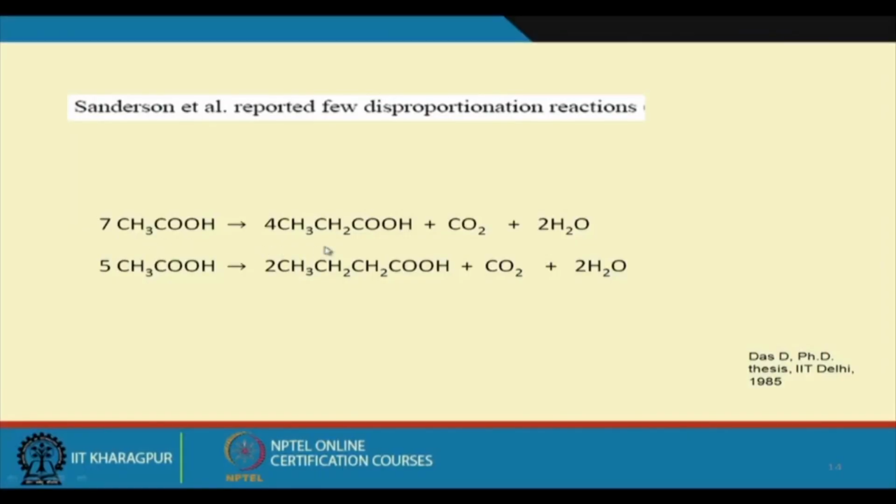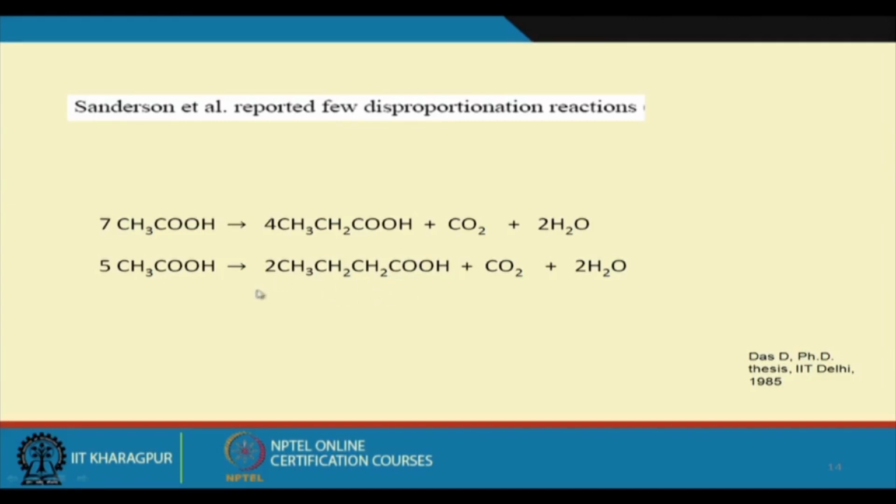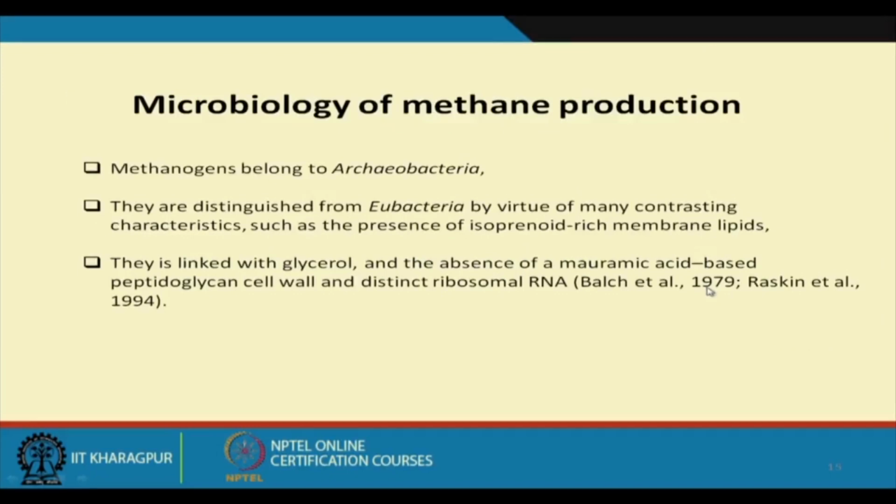Usually we express the concentration of volatile fatty acids in terms of acetic acid. Expressed like this, 5 moles of acetic acid is equivalent to 2 moles of butyric acid, and 7 moles of acetic acid is equivalent to 4 moles of propionic acid. This is the disproportionation equation developed by Sanderson.